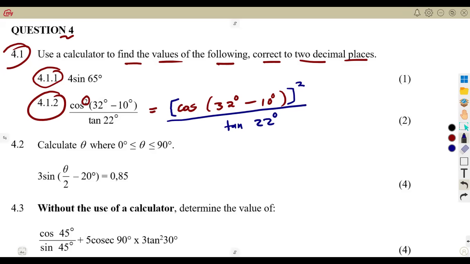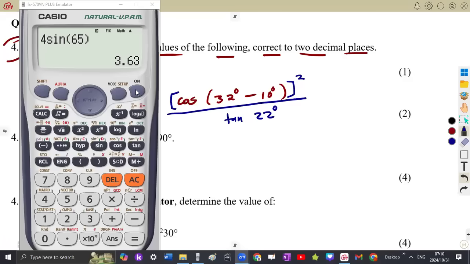So in this case, we have our calculator. We are going to have a bracket first, that is the cos. Automatically, as you can see, your calculator opens a bracket for you, which is 32 minus 10. You close that bracket, then also close the first bracket.